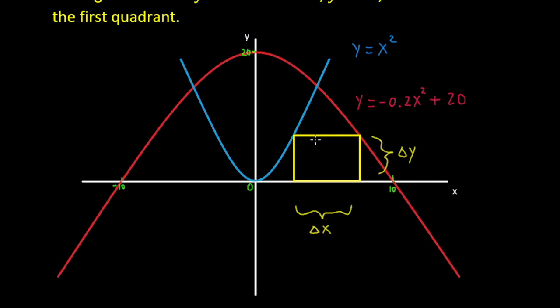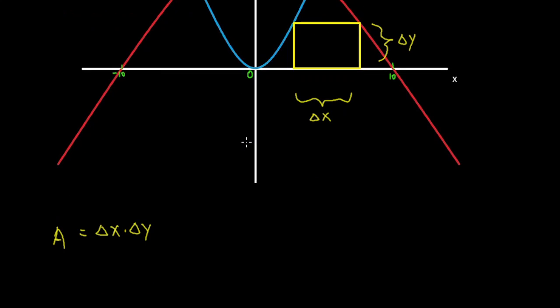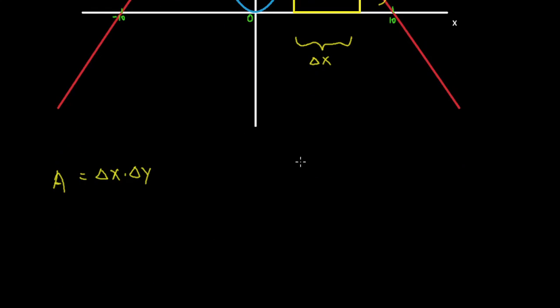We don't know what it is. So delta y is always starting from 0 up to the y value here. Then we can say that delta y is equal to y minus 0, then delta y is equal to y.